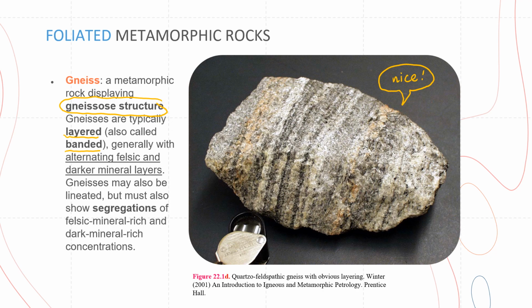So you have light layers alternating with darker layers. As you can see here on the rock, they're pretty well defined. While gneisses may also be lineated, the segregation of felsic and dark minerals also needs to be shown quite clearly, and that's what makes gneiss.